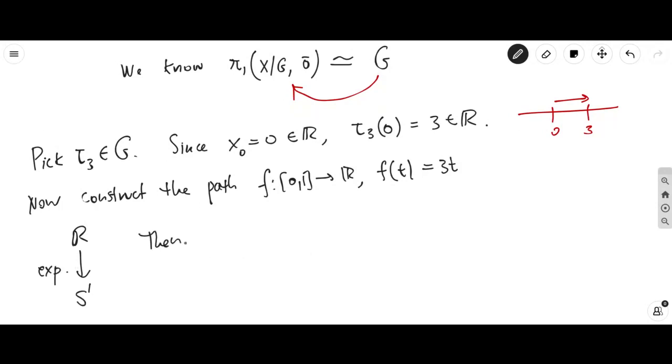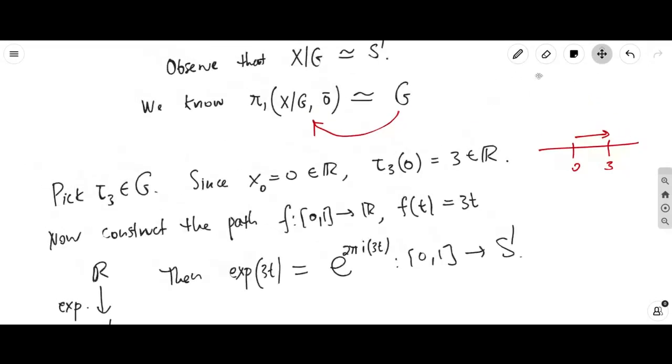So if you use the universal cover, exp of 3t, you end up getting e to the 2 pi i 3t, and this is a mapping from 0, 1 into the circle. And this is the path that winds around 3 times around the circle.